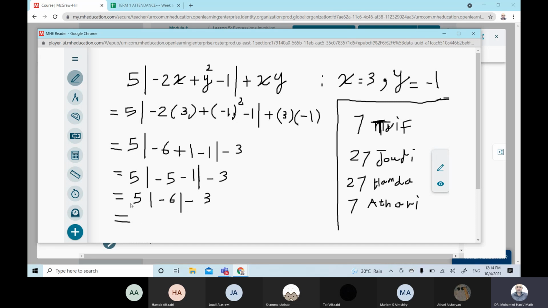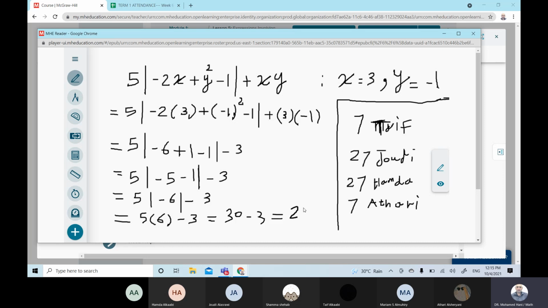Then here we have 5 multiply. What is the absolute value of the negative number? Take the opposite number. The opposite number of minus 6 will be 6, minus 3. So 5 times 6 will be 30. 30 minus 3 will be 27.